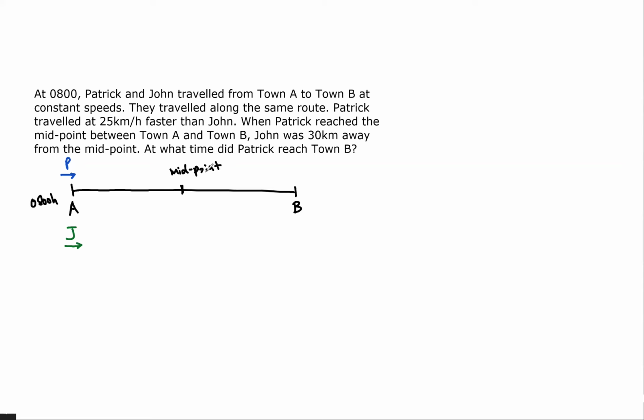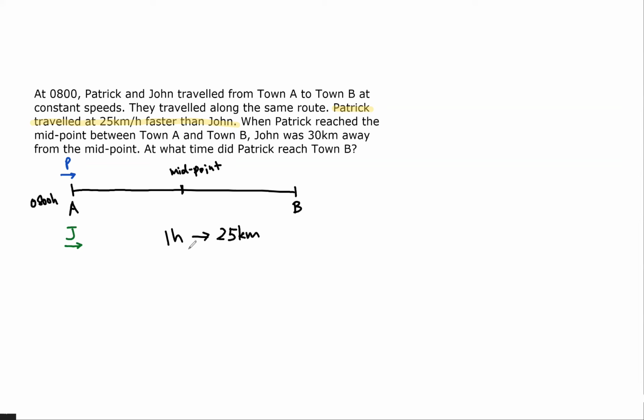Now, the most important information here is that Patrick traveled at 25 kilometers per hour faster than John. What does this mean? That means that for every 1 hour, Patrick is going to be increasing the distance between him and John by 25 kilometers.